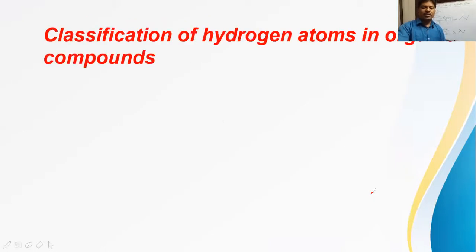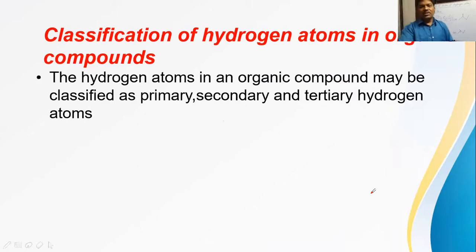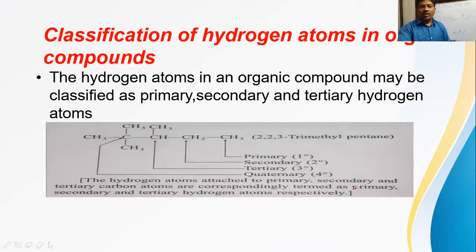Next, the classification of hydrogen atoms in organic compounds. The hydrogen atoms in an organic compound may be classified as primary, secondary, and tertiary. That's all. There is no quaternary hydrogen atom. If you observe this structure, CH3, CH3 taken twice, bond CH3, bond CH2, bond CH3.